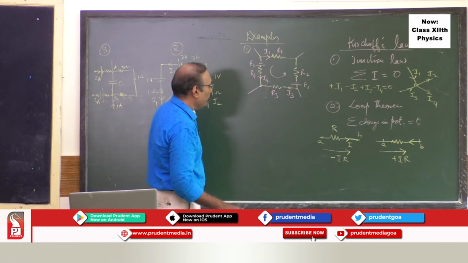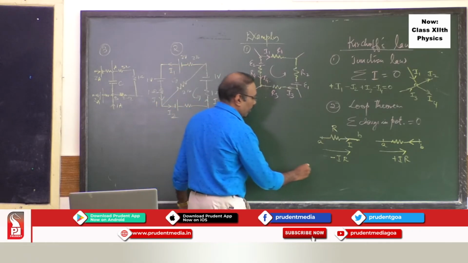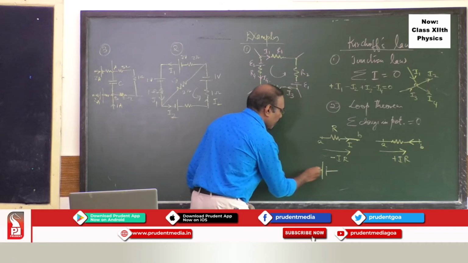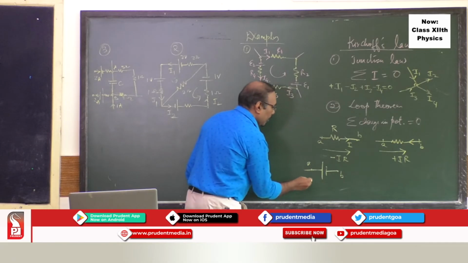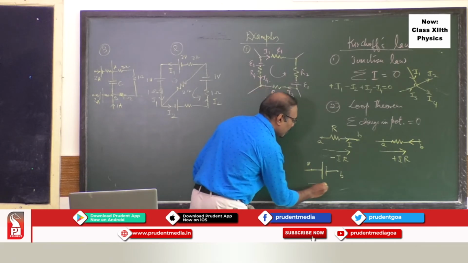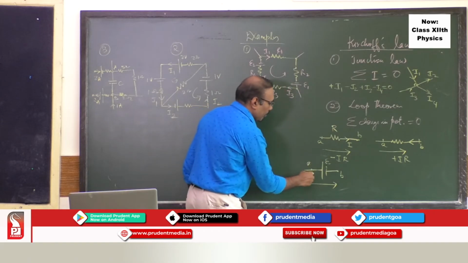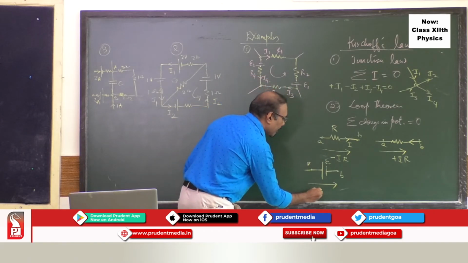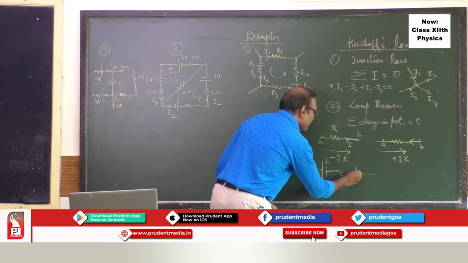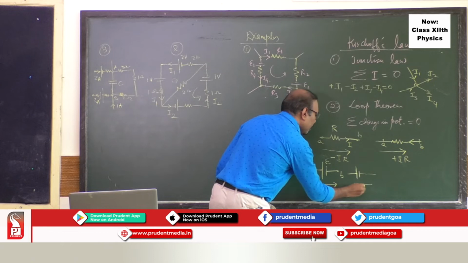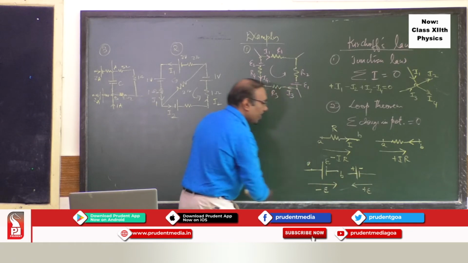Now the same thing applies to a battery. If this is a battery, this is point A, this is point B. If you go in this direction, the EMF of the battery is taken to be negative, and if you go in this direction, then you take the EMF as positive. So if you go from negative to positive, you take the EMF as positive.